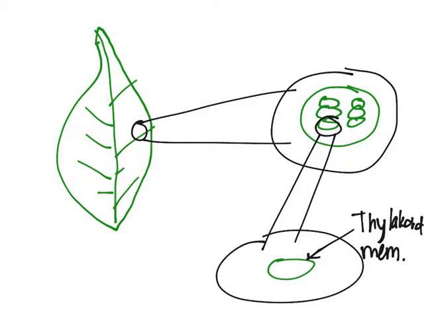Photosynthesis has 2 reactions, light and dark. The light reactions occur in the thylakoid membrane, and the dark reactions occur in the stroma. Here we have the thylakoid, and here we have the chloroplast.